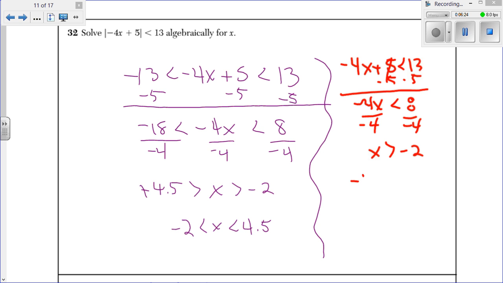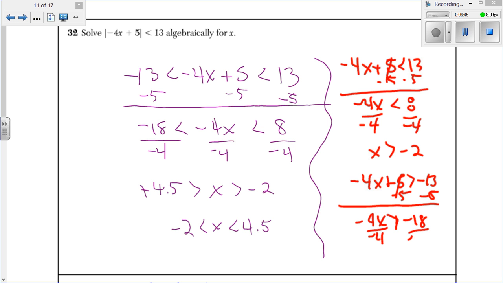And then I would do negative 4x plus 5 is greater than negative 13. Subtract 5. So negative 4x is greater than negative 18, divided by negative 4.